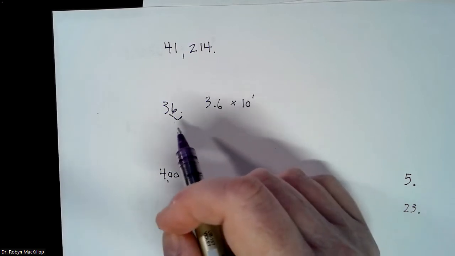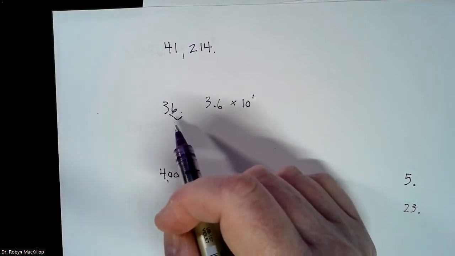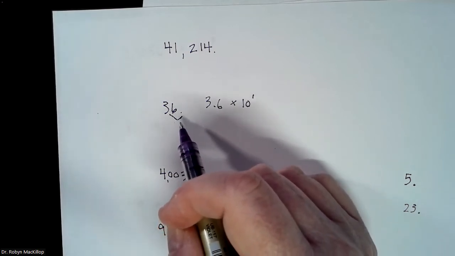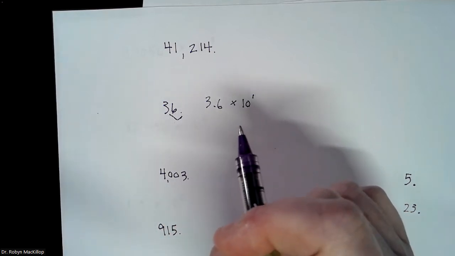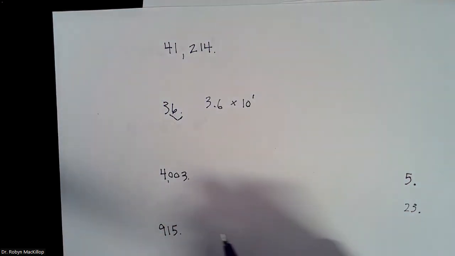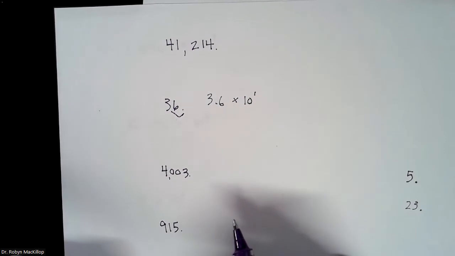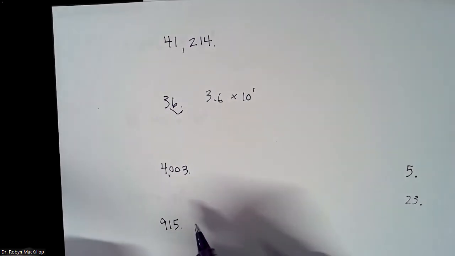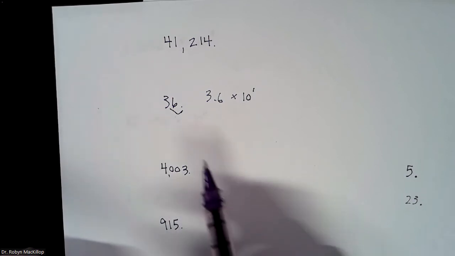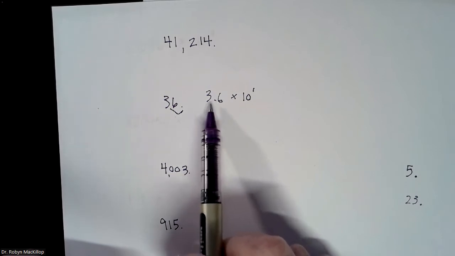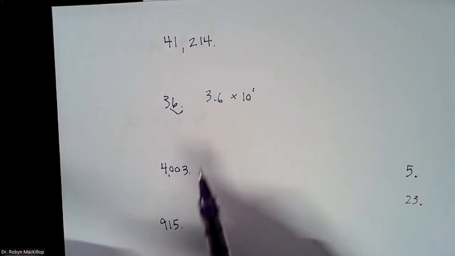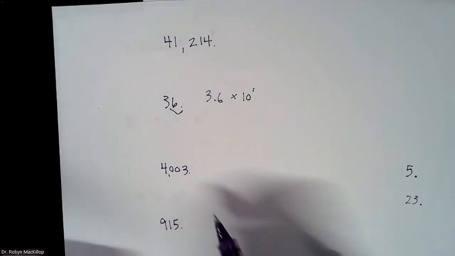So granted, probably wouldn't be done for 36, but as you get into bigger and bigger numbers, it makes more sense, especially if you had to type all those digits out. That would not be fun. Let's go to 915. So always in scientific notation, you're going to have one whole number in front of that decimal. And this is when it's standard.